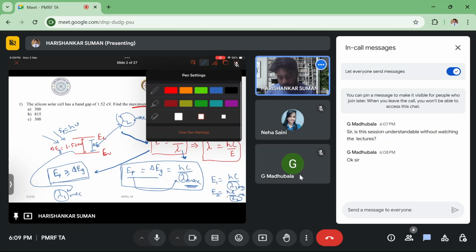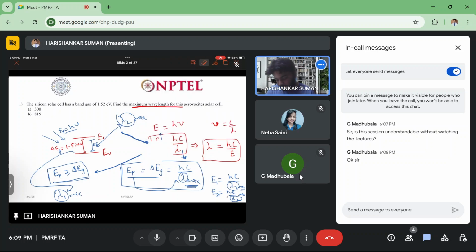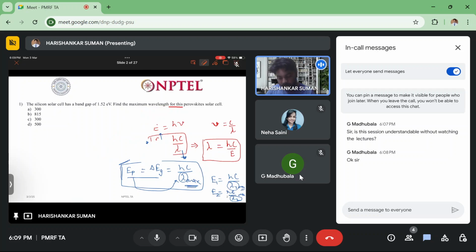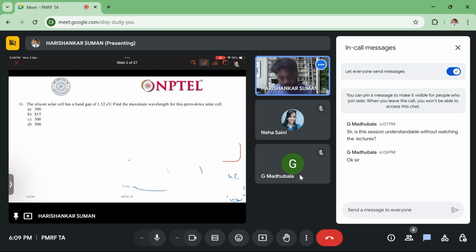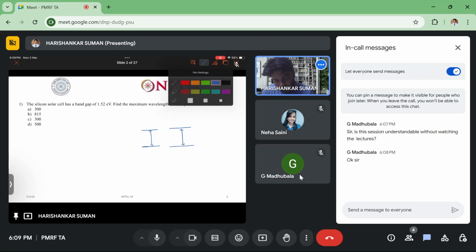Let me tell you another way. First, let me explain the maximum and minimum concept. Let's say we have the same material, the same band gap, but different lambdas. Let me put them in order, otherwise you will get confused.